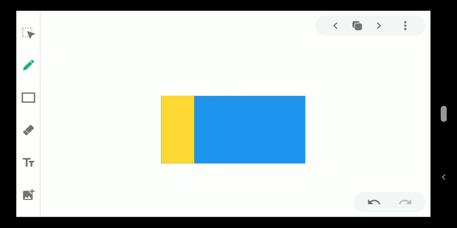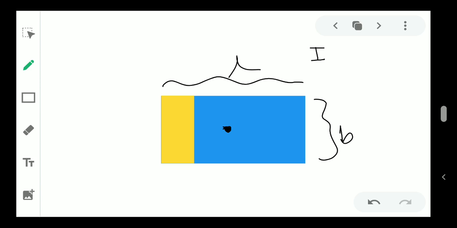So it was initially rotating like this. So for a rectangle with breadth b and length L, the initial I, let's say, is 1 by 12 m times L square plus b square.